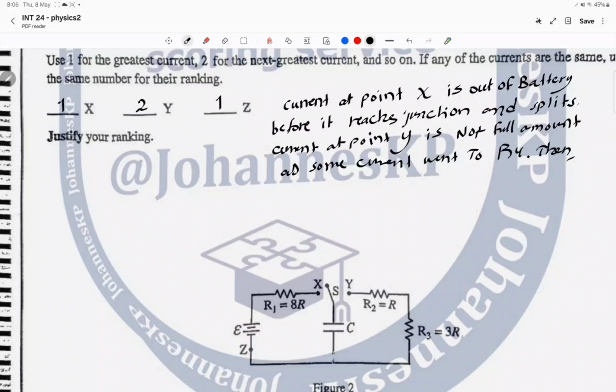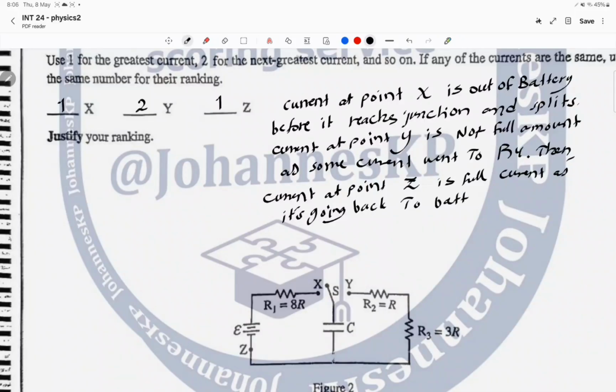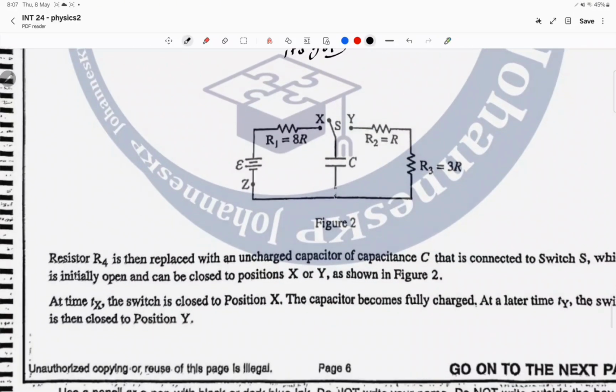Then current at point Z is the full current, as it's going back to the battery. Okay. Now, resistor 4 is removed and replaced with an uncharged capacitor.